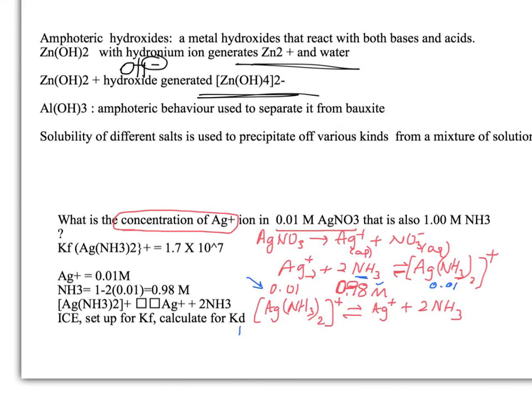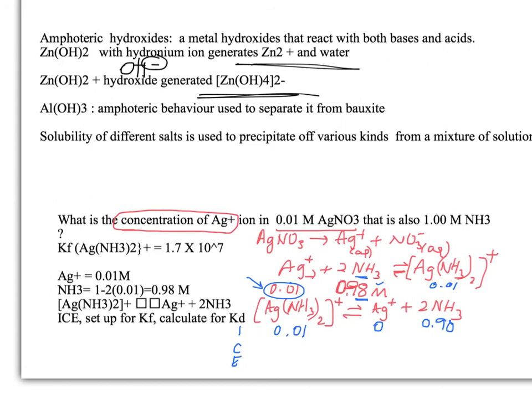So your initial concentration of the diamine complex is going to be 0.01. Of course, you won't have any silver, but you are going to begin with 0.98 as the concentration for ammonia, because a little bit of it has been utilized in the complexation process.